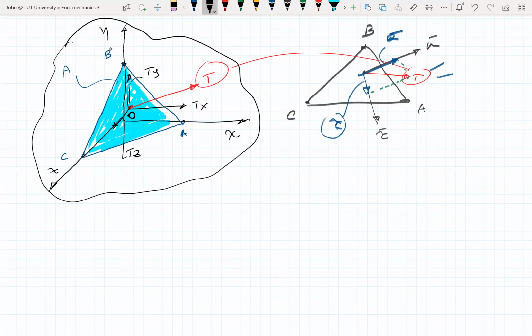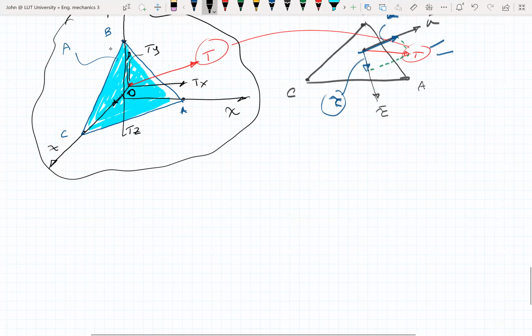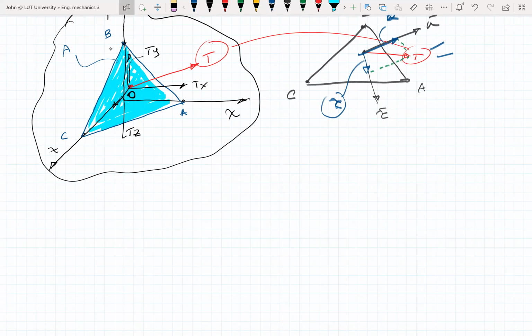I need to draw another inclined plane. So we'll have this coordinate axis, and we'll have my inclined plane.